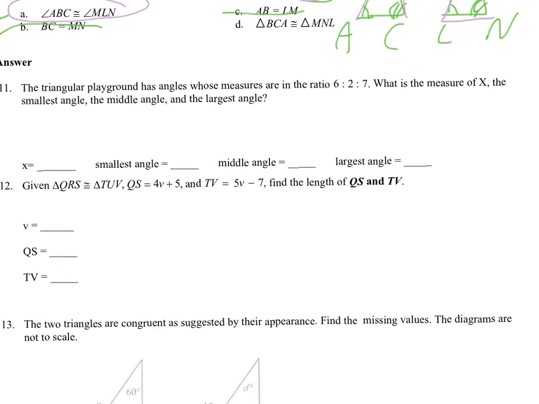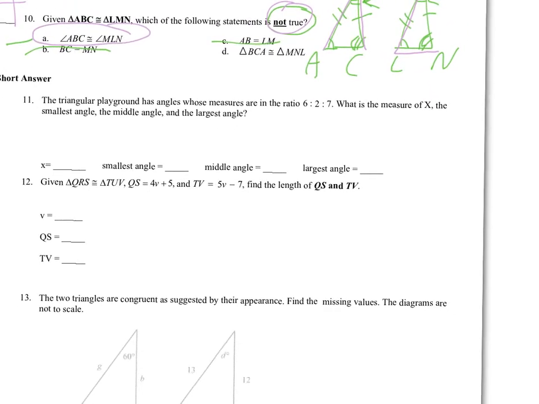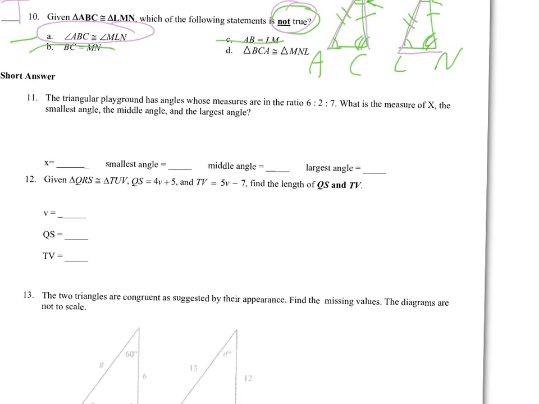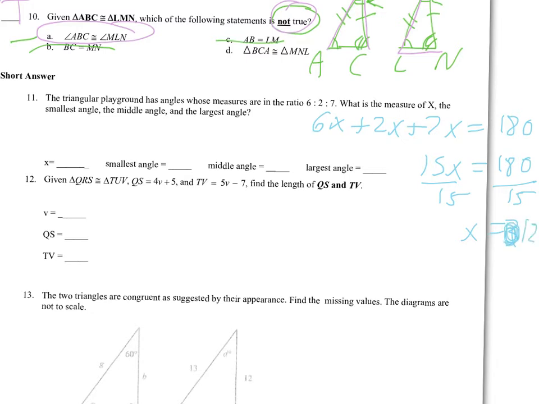Okay, number 11. What we've got to do here is, we're talking about ratios, so we're going to write these ratios as 6x plus 2x plus 7x equals 180. And then solve for x. We end up with 15x equals 180. Divide by 15, and x equals 12.